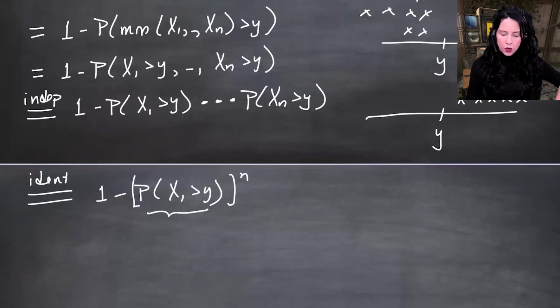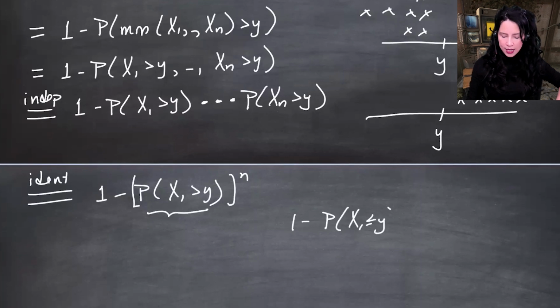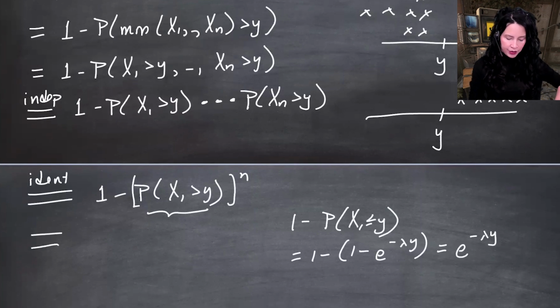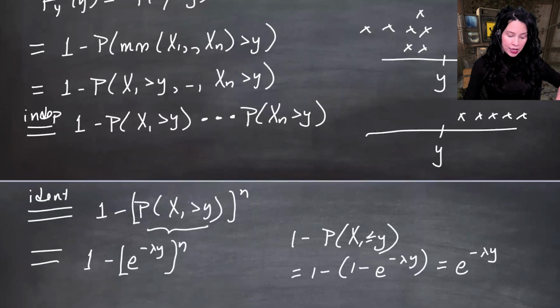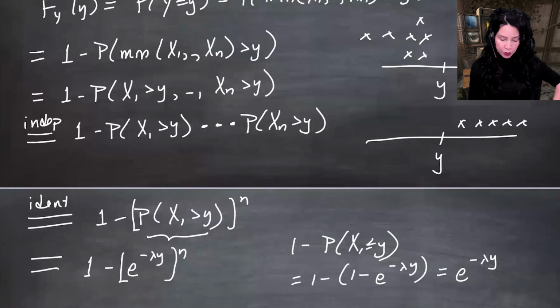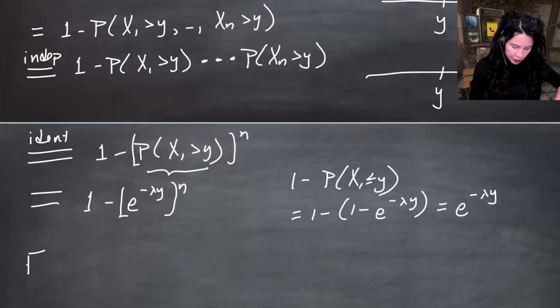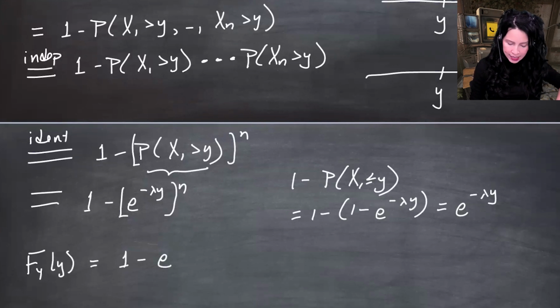The probability that x1 is greater than y is 1 minus the probability that x1 is less than or equal to y. So it's 1 minus (1 minus e to the minus lambda y), so it's just e to the minus lambda y. So back over here, this is 1 minus (e to the minus lambda y) to the n. And when you raise something to a power and then to another power, you multiply the exponents. So let me recap that this is the CDF for y. This is 1 minus e to the minus n lambda y.